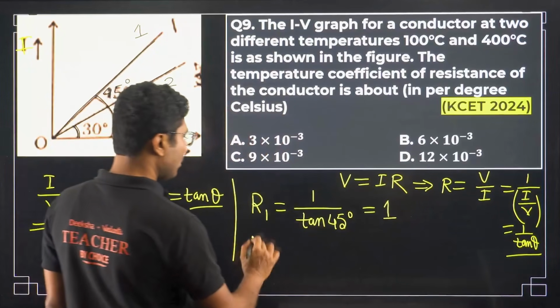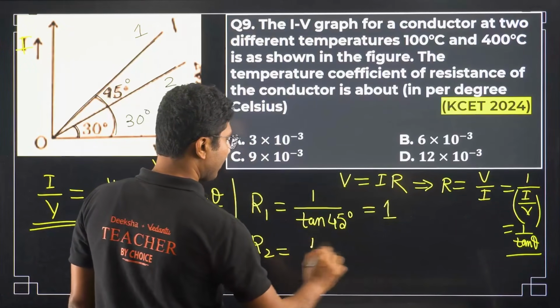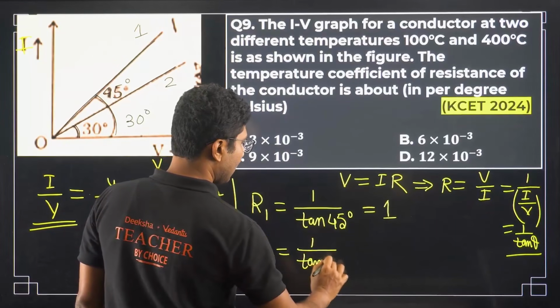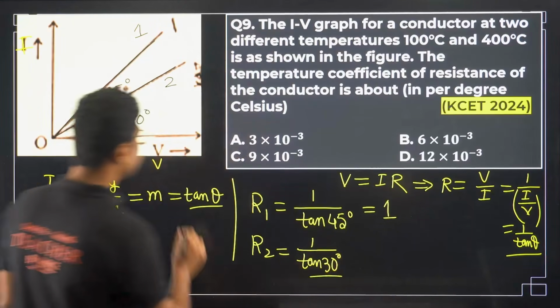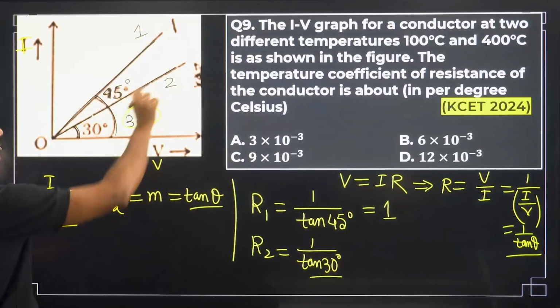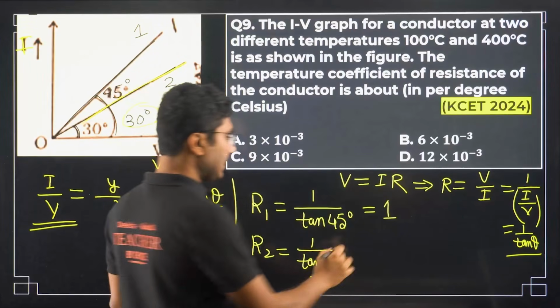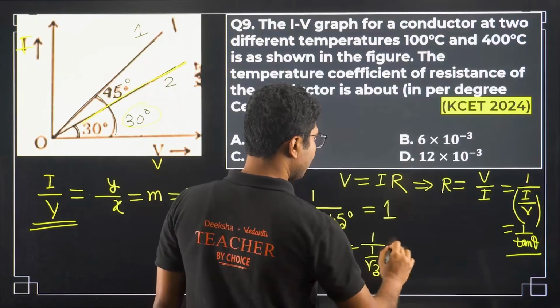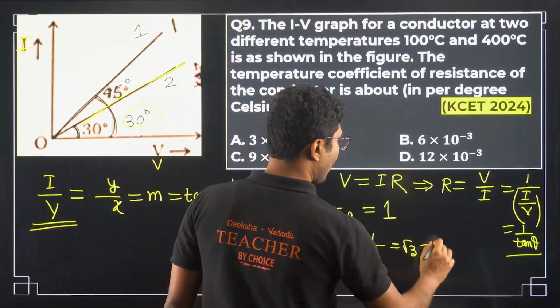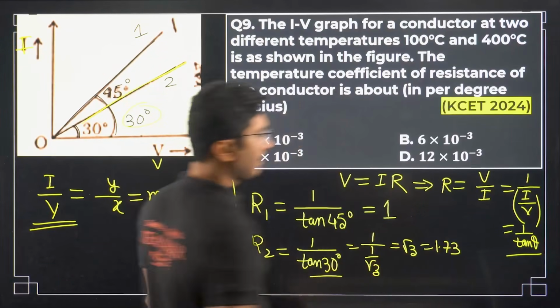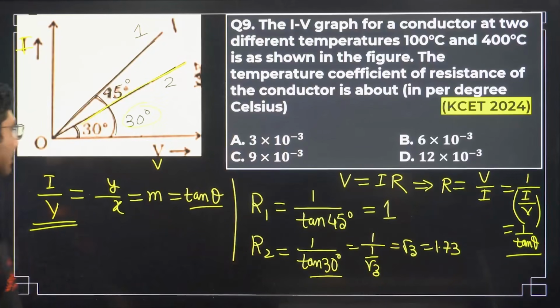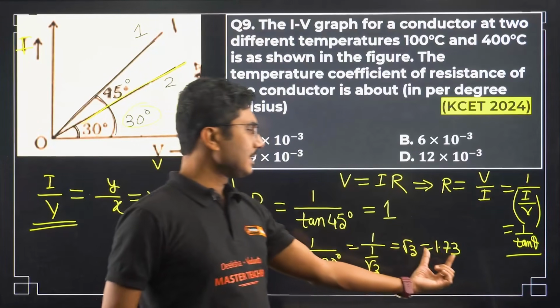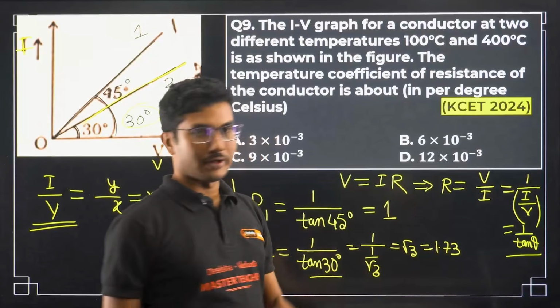And what is R2? R2 is 1 by tan 30, the smaller angle. So here it will be 1 by 1 by root 3, that is root 3, 1.73. So as you can see, this is a bigger value and this is a smaller value.